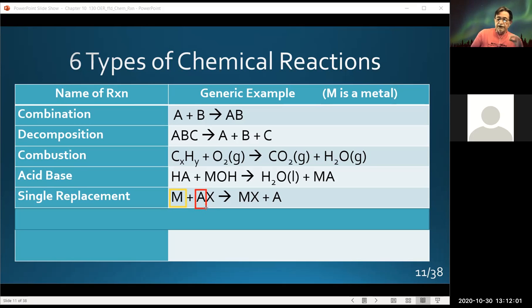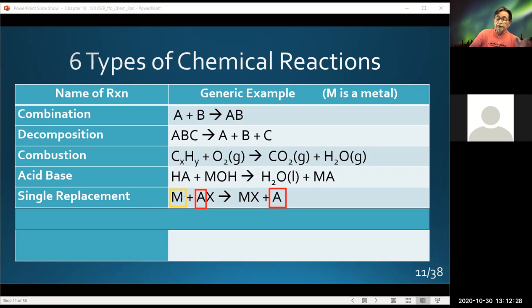Now, what happens if the reaction proceeds, and I'll explain to you how we can predict whether the reaction proceeds, is the two metals exchange position. So now you have created the elemental A metal, whatever that may be, because it started off as an ionic compound as AX, and now is simply A, the element.